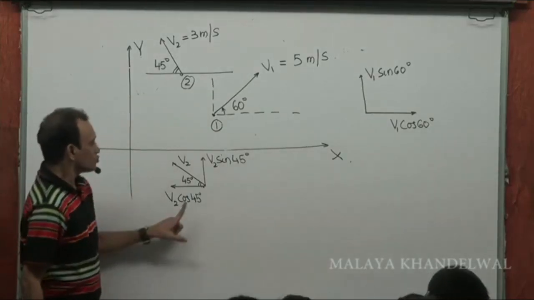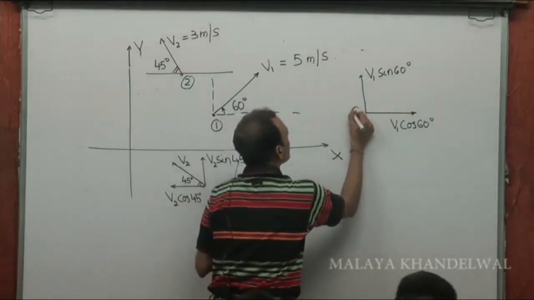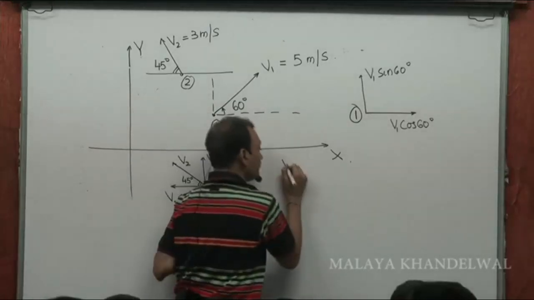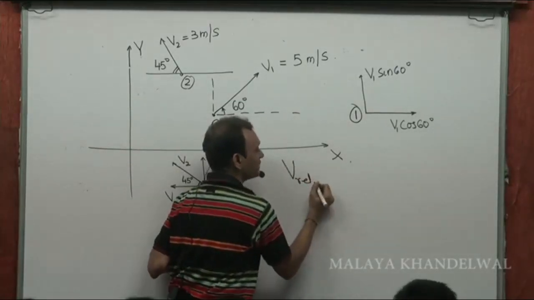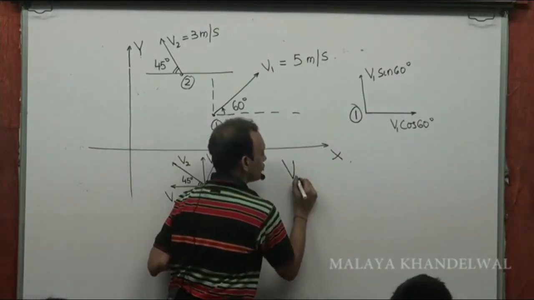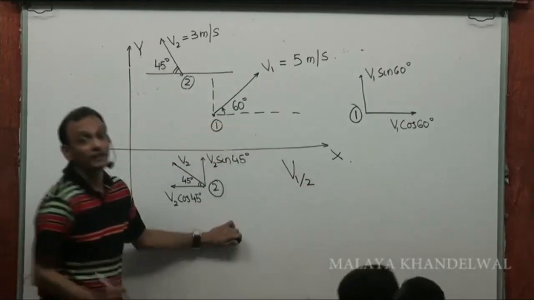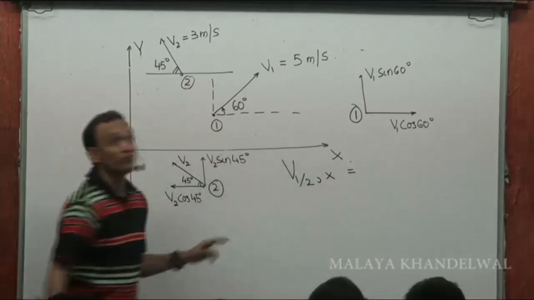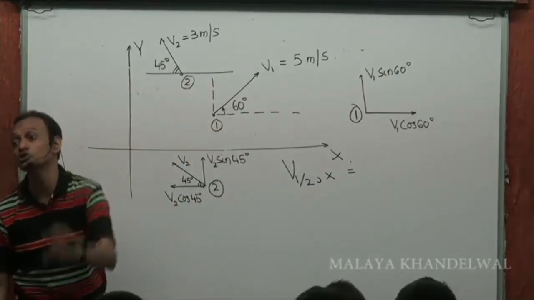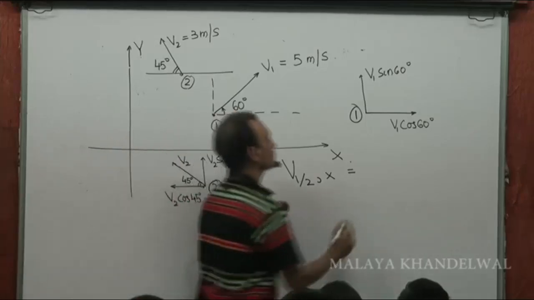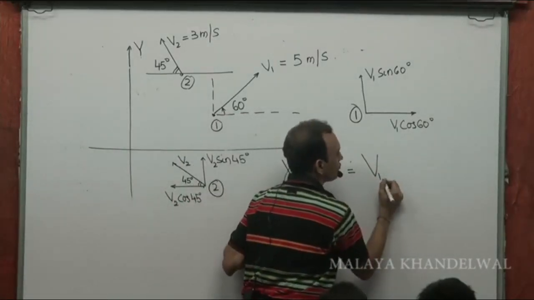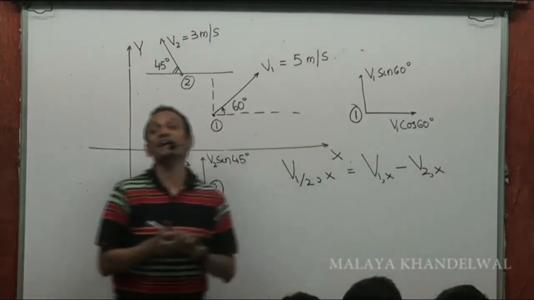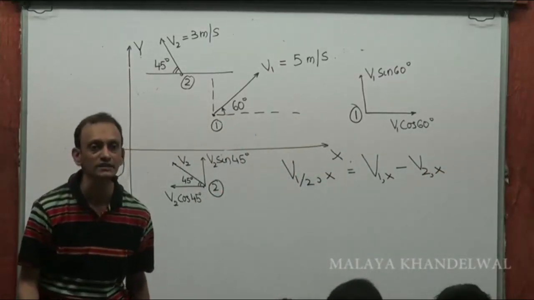Right? These are the velocity diagrams of 1 and 2. We then say their relative velocity along the x-axis, that means velocity of 1 with respect to 2 along the x-axis, is going to be velocity of 1 along the x-axis minus velocity of 2 along the x-axis. That will give me their relative velocity along the x-axis, right?